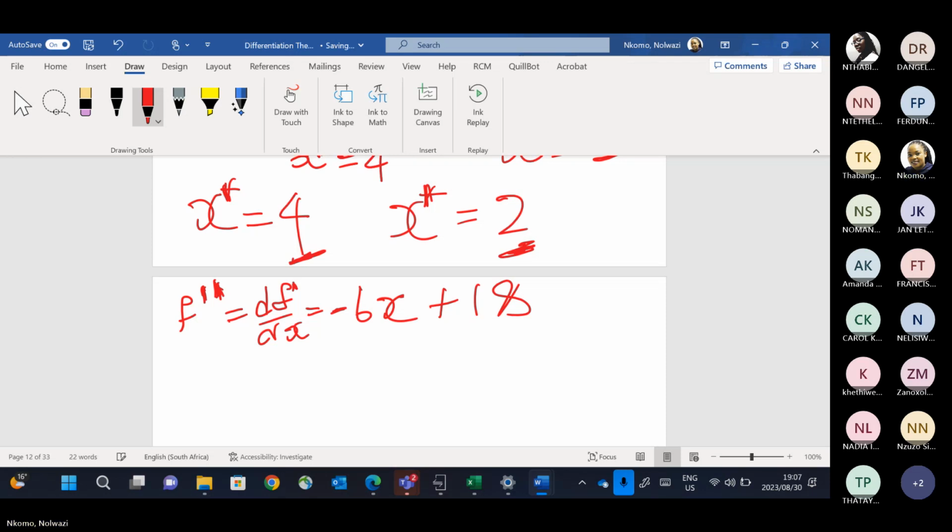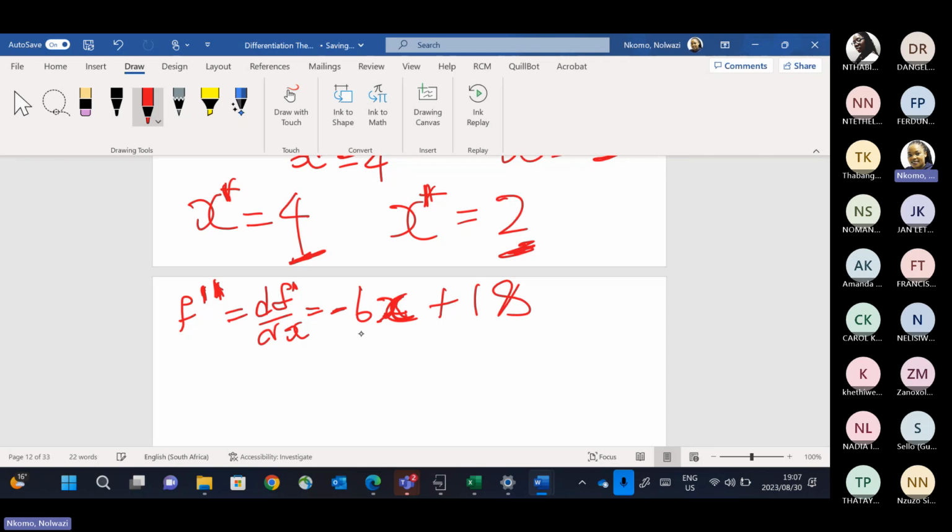Remember, for us to know which point is the maximum or the minimum, we need to check the sign of the second derivative. And remember, in our previous example, I said sometimes you'll find your second derivative as a function.